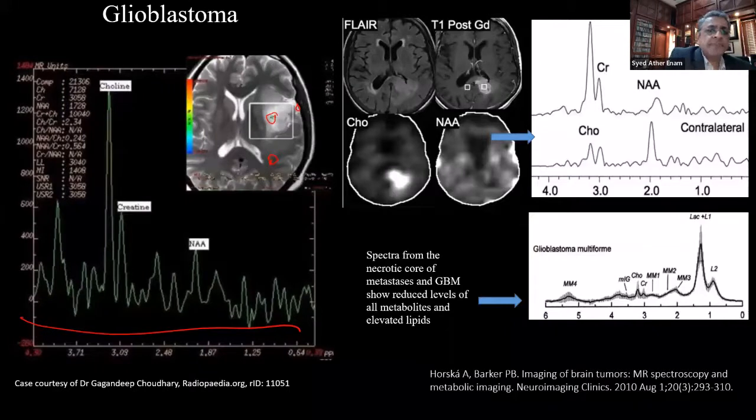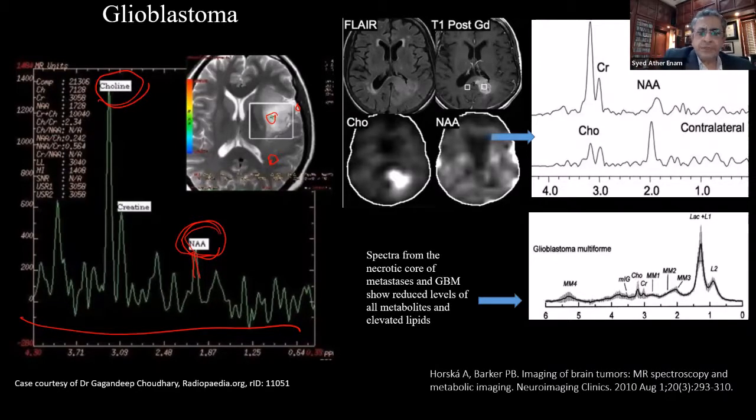So in here, it shows a high choline peak, and then there's creatine, and there's NAA, N-acetyl aspartic acid. This suggests that there are more cells, but here the peak is not high. This choline reflects turnover of the membrane, because membrane has a lot of choline phospholipids, that's what accumulates and gives the high peak over here.